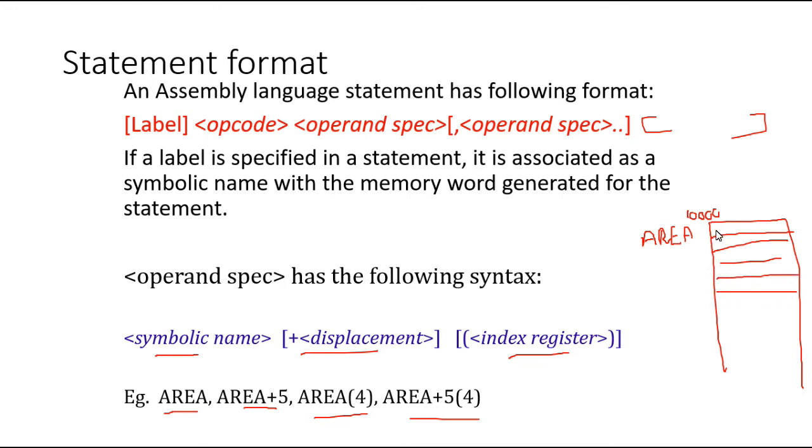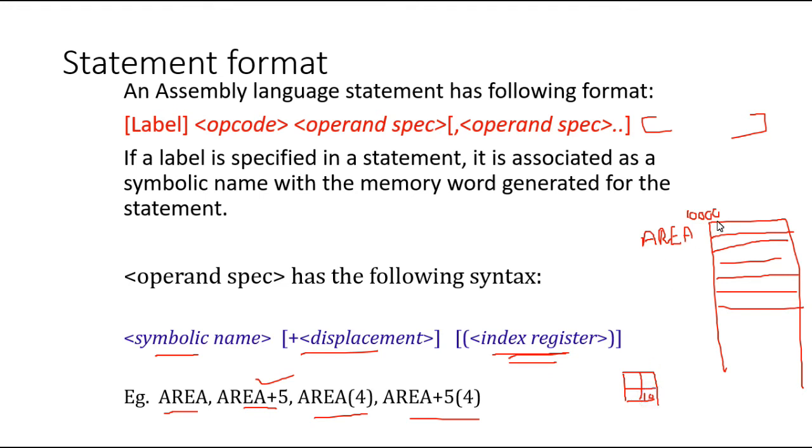This is area 0, 1, 2, 3, 4, 5. Then start from area and add 5 to it, and we have area plus 5. Area, and in brackets a 4 is given. When there is a bracket, this means the index register. There is a special index register in every CPU, and an index register may contain some numbers. Just imagine in the fourth index register, there is a number called 10.